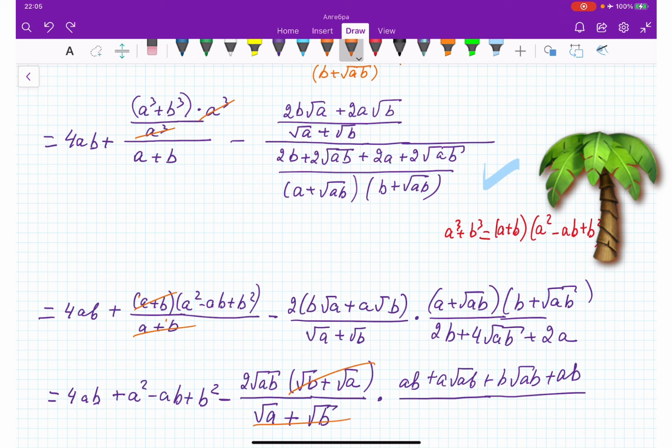So we have 2b plus 4 square root ab, because there are two of them, 1 and 2, right? And plus 2a. If you look, this is a plus b squared. Let me take these two out.